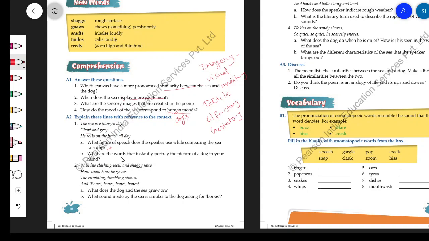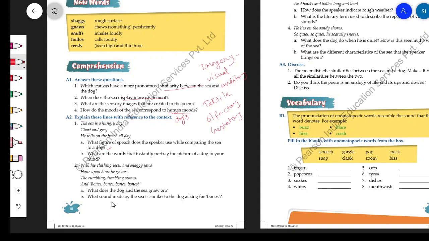With his clashing teeth and shaggy jaws, hour upon hour he gnaws the rumbling, tumbling stones and bones, bones, bones, bones. So what does the dog and the sea gnaw on? Well, the dog gnaws on bones while the sea gnaws on those stones, right?